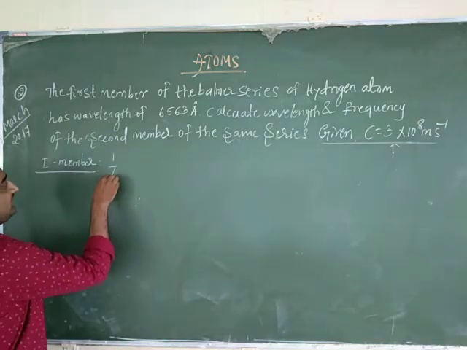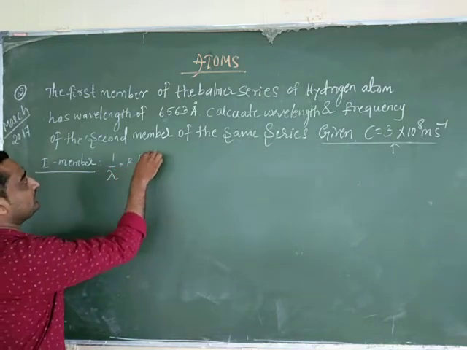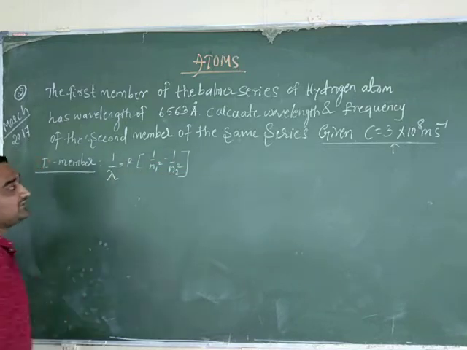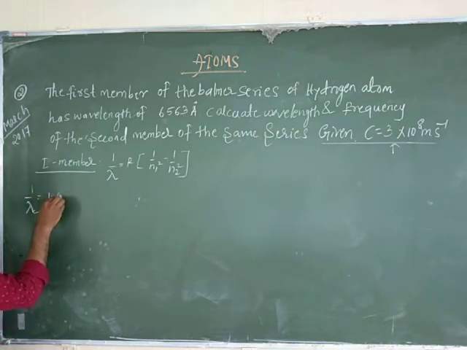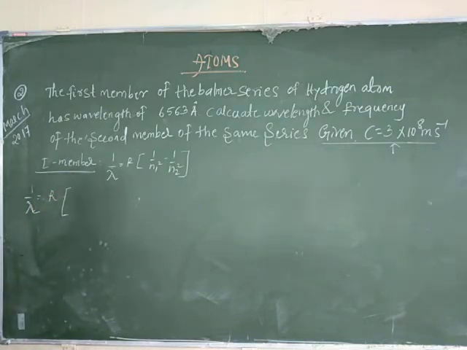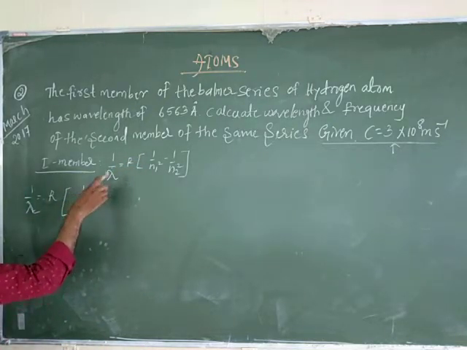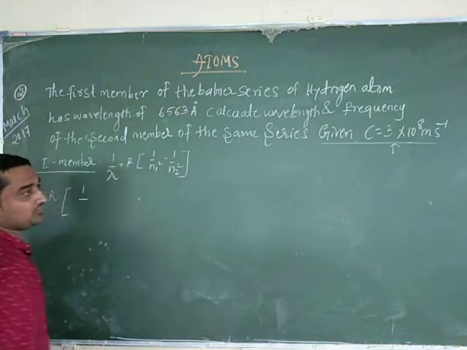Therefore, 1 divided by lambda is equal to R into 1 divided by N1 square minus 1 divided by N2 square. This is our Rydberg formula. I will keep the value of R as it is. For the first member, N1 is equal to 2 and N2 is equal to 3.